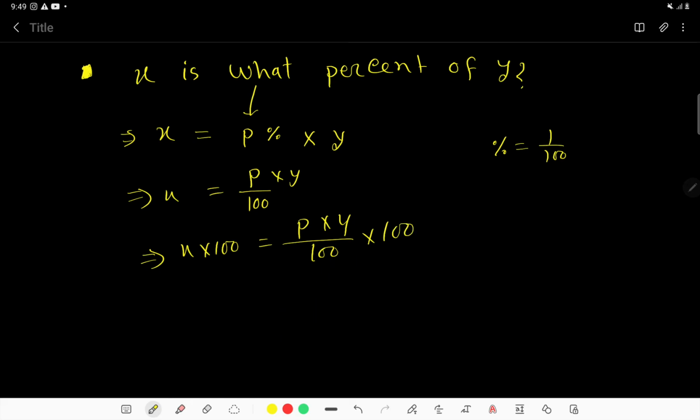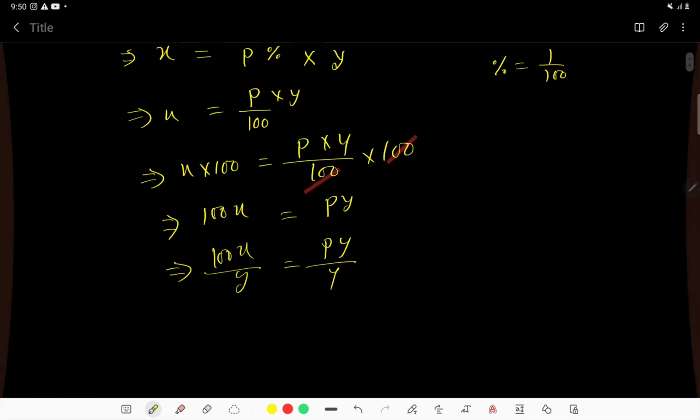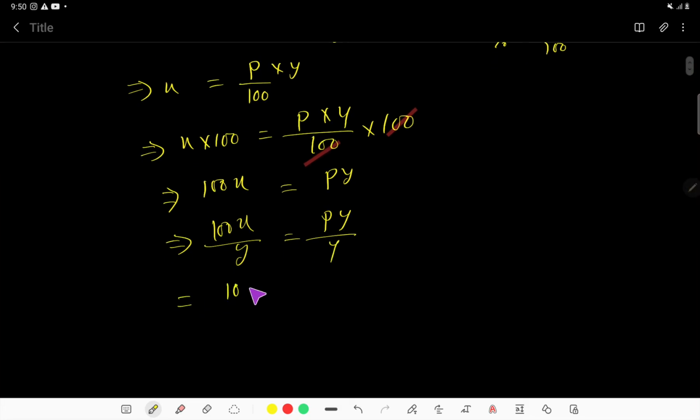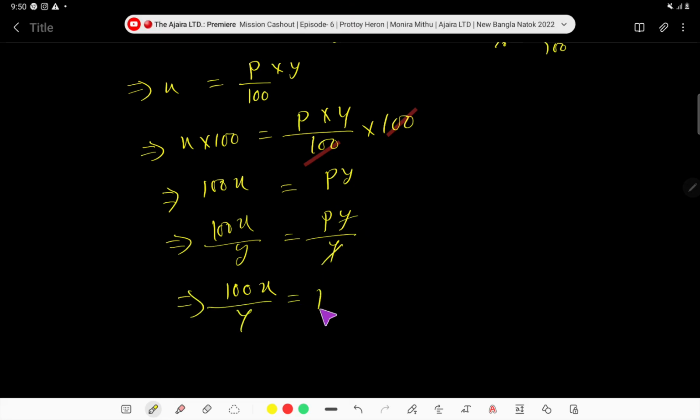The 100 cancel each other, so we are getting here 100x equal to py. Now we can find out, if we divide both sides by y, we are getting 100x divided by y equal to p.